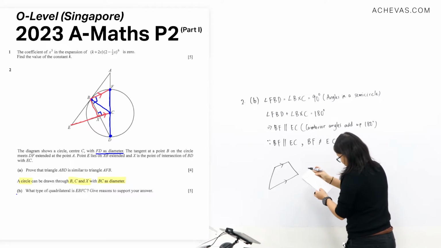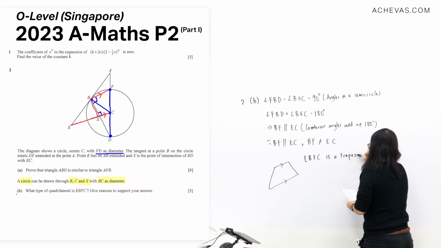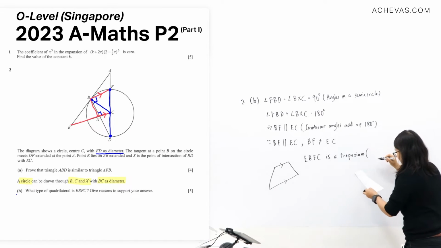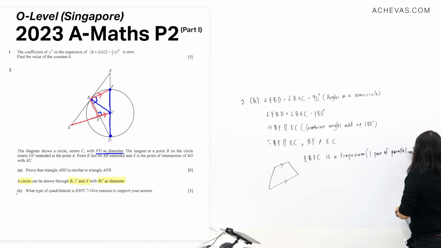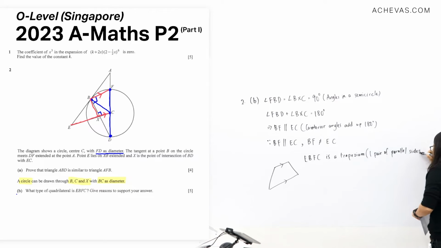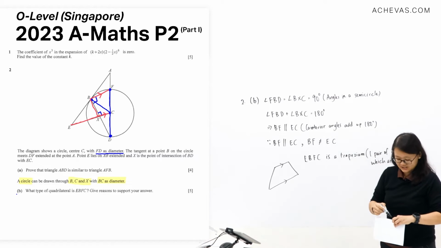So I'm going to answer my question here. EBFC is a trapezium. The reason is they have one pair of parallel sides which are not equal. That's for question part B.